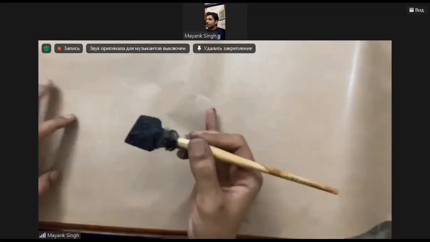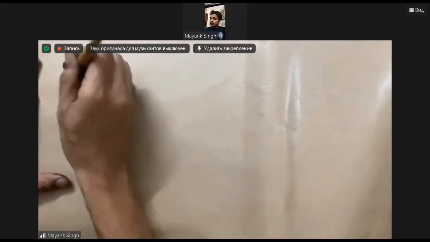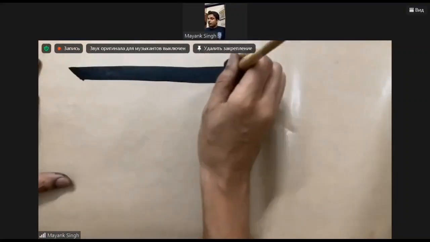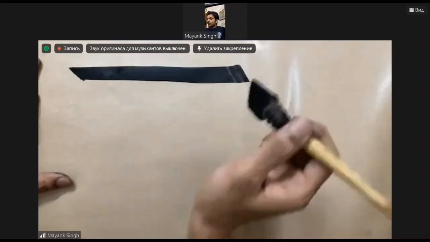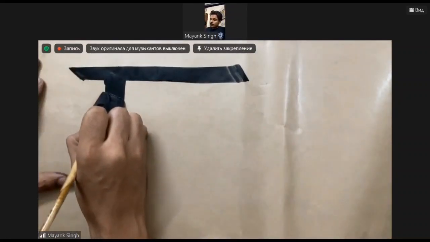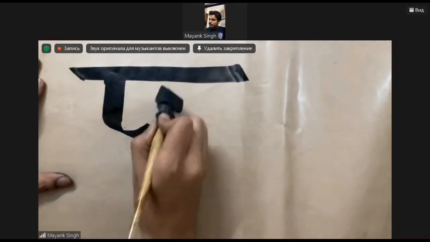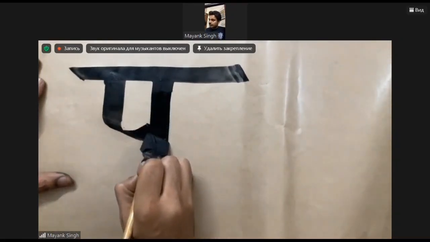So if I write pal, let's say, I make a longer Shiro Rekha. Now I know pa is 2 parallel lines and 1 half crescent like this.